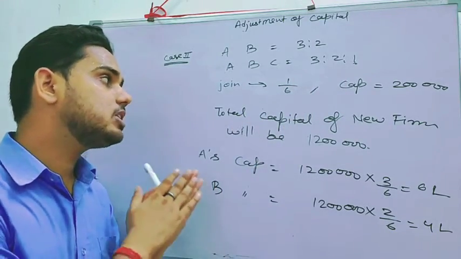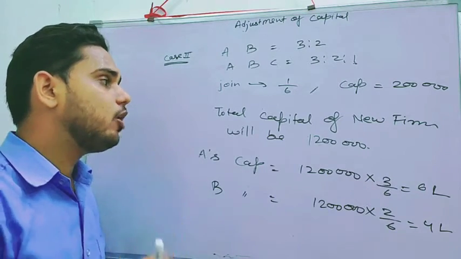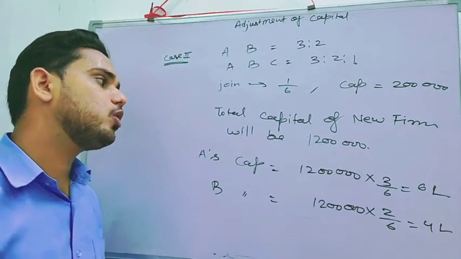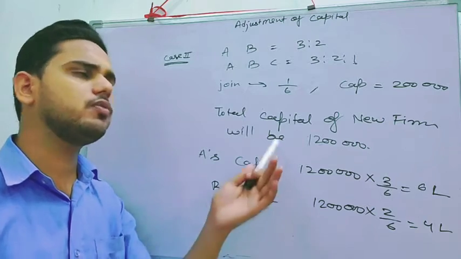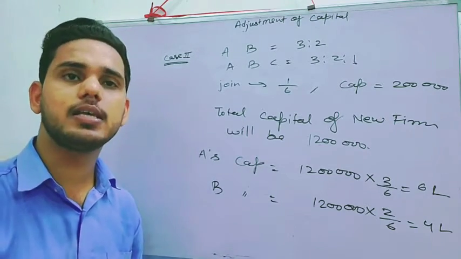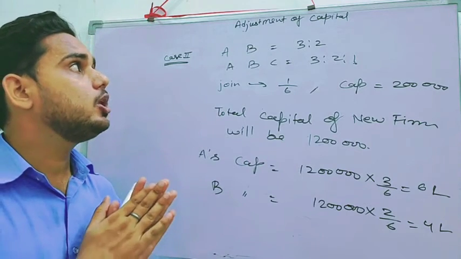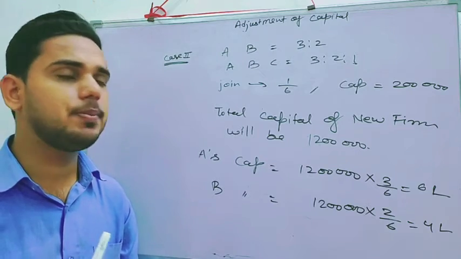So I hope this type 2 is also clear to you, and type 2 can also be written this way: the total capital of the new firm will be 12 lakh and in the new profit sharing ratio. If nothing is written, we know that it is already the new PSR. So I hope both types are clear to you and you now have no confusion related to adjustment of capital.